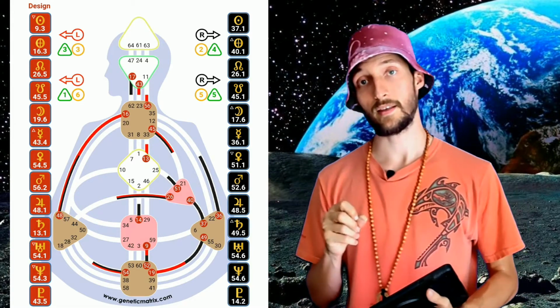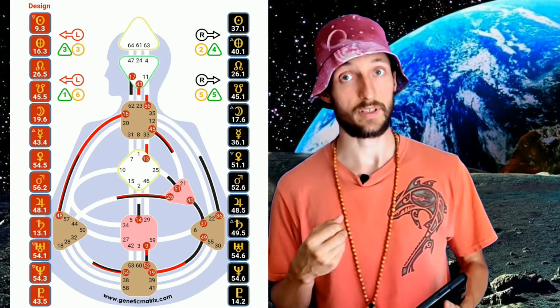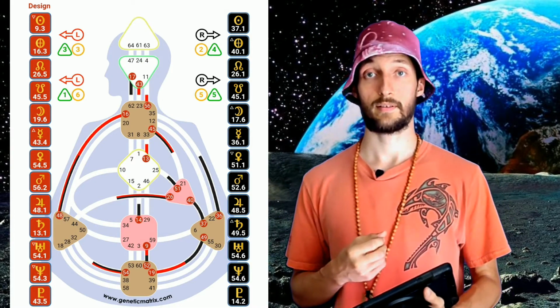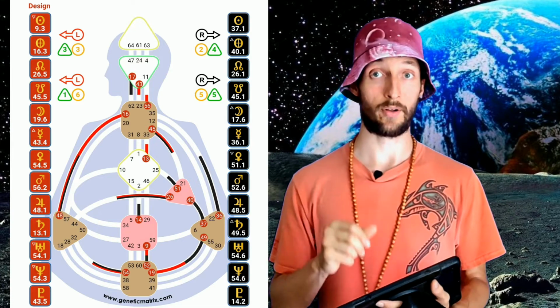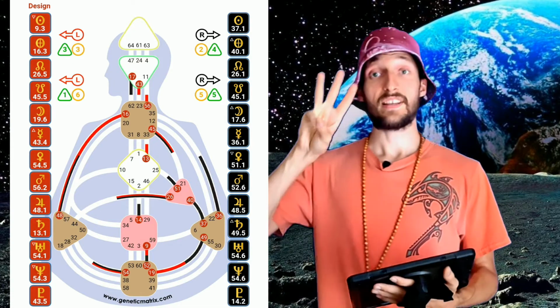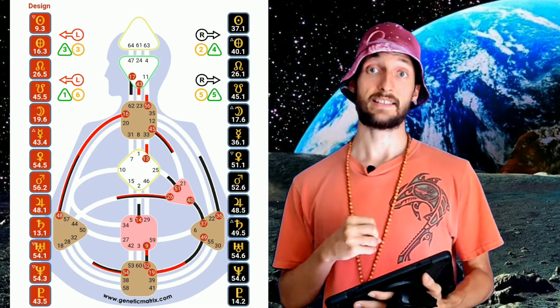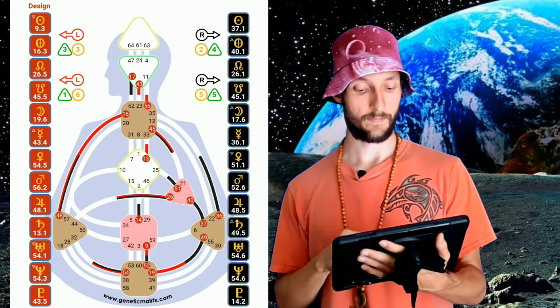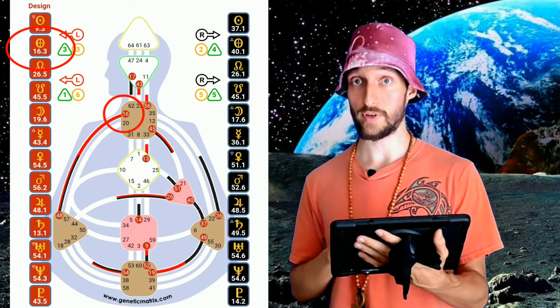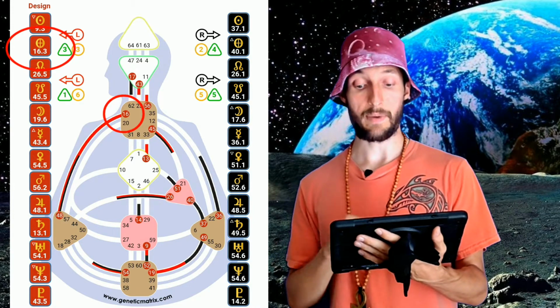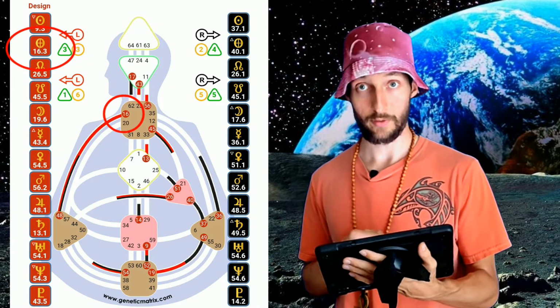And when you look at the specific imprint I was given, the activations I was given relative to this channel, we see that there are 3 activations, as I mentioned previously. There's one in the 16, this is a 16.3, and this is actually my design earth.